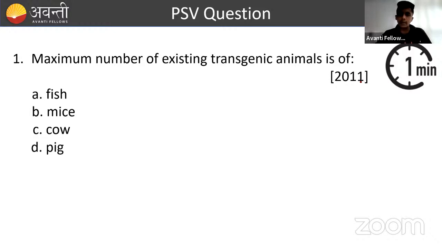If you think that this option is right or wrong, don't mind. Try to answer it first. Okay, you don't lose marks here, you lose in the exam, no? Anyways, as I said, 95% of the transgenic animals that we use are mice. So our option is B. Okay, so this question was asked in 2011 NEET.